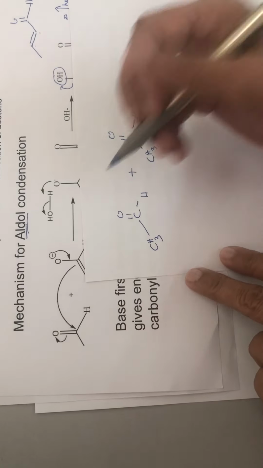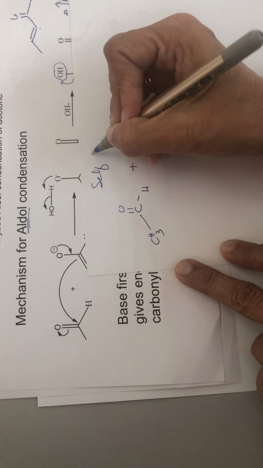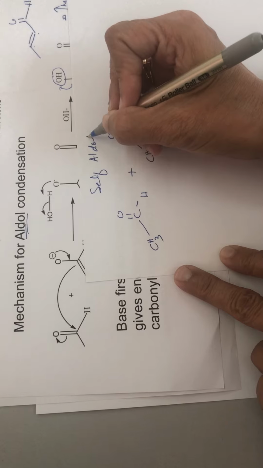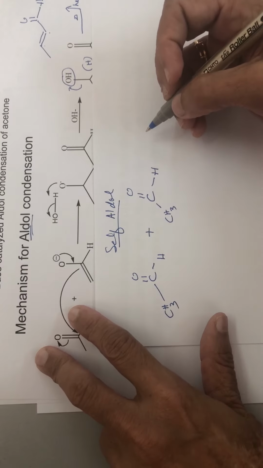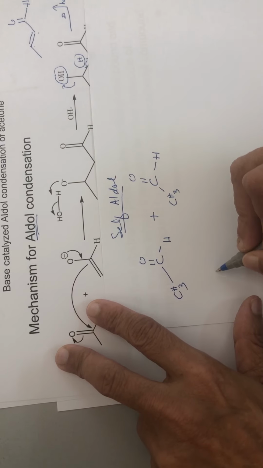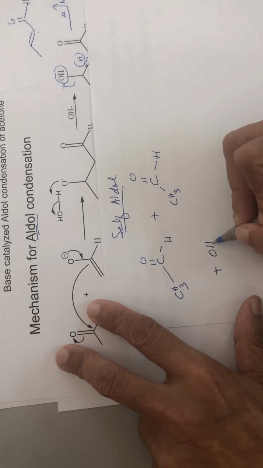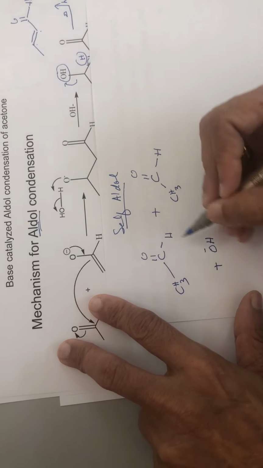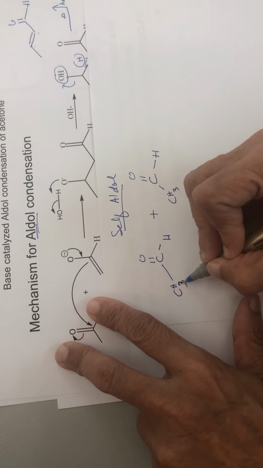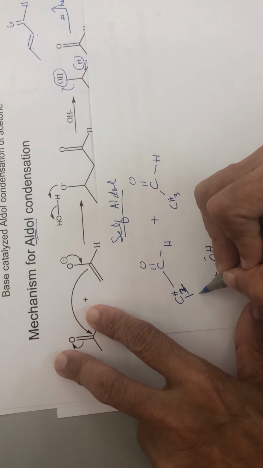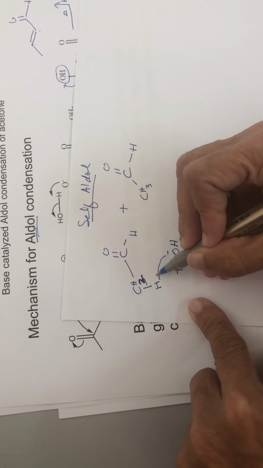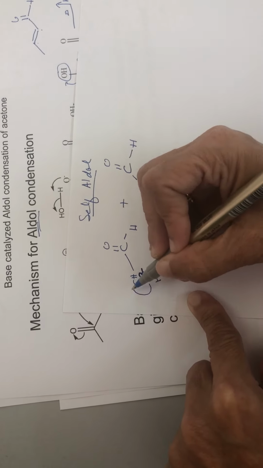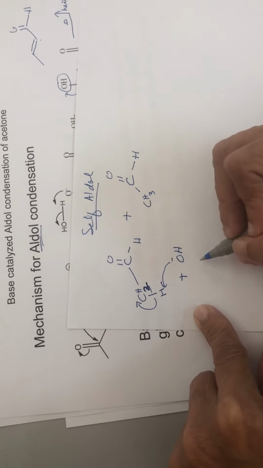We are talking about the self condensation, the self aldol reaction. Now the first step is that the base, OH negative ion, will attack one hydrogen, I will show you separately. It will attack this hydrogen, this bond will come here and it becomes a carbanion.